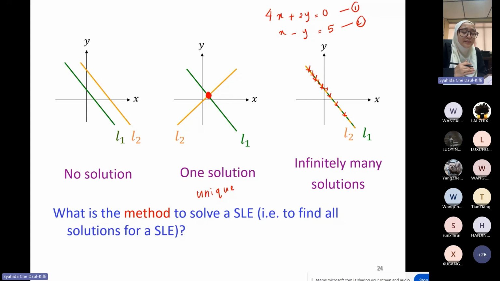I don't remember the name of the method, but I believe that if I give you this system of linear equations, you can solve it easily, right? Am I correct?